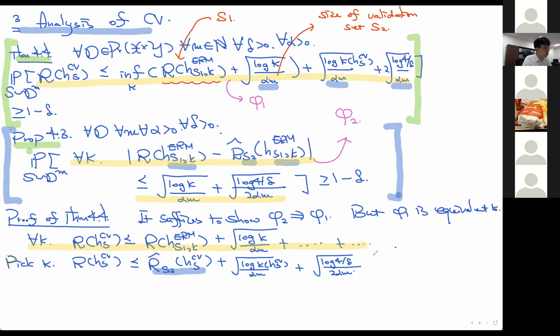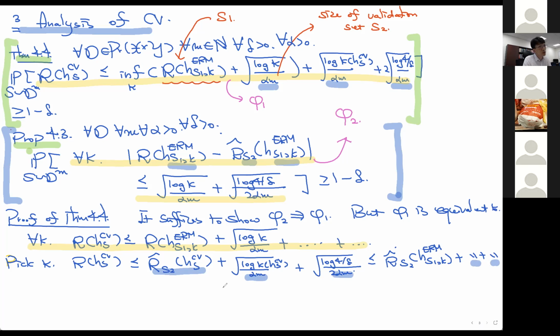So this is smaller than or equal to R_S2 of h_S1,k ERM plus the same extra terms, two terms that are coming from this guy and this guy.